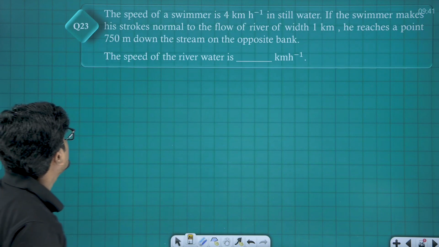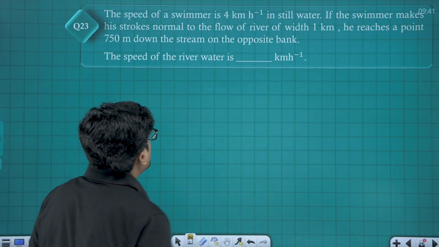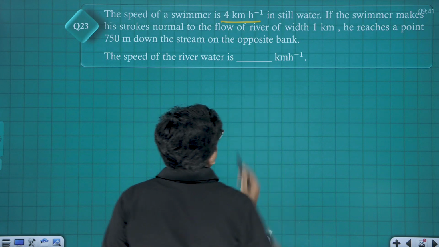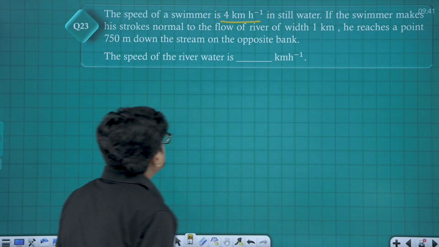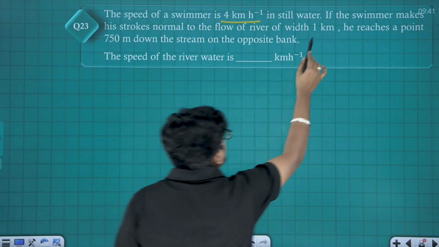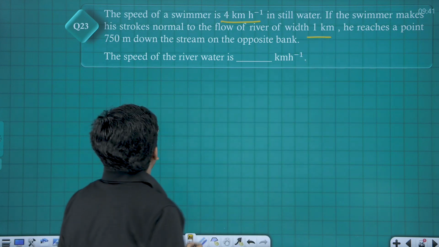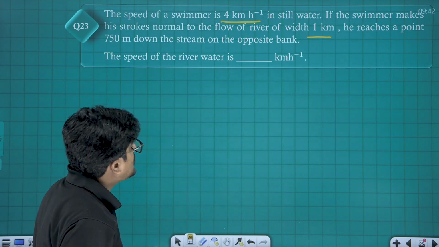Next is question number 23. Question number 23 says, the speed of a swimmer is 4 km per hour in still water. If the swimmer makes his strokes normal to the flow of a river of width 1 km, then he reaches a point 750 meter down the stream on the opposite bank.